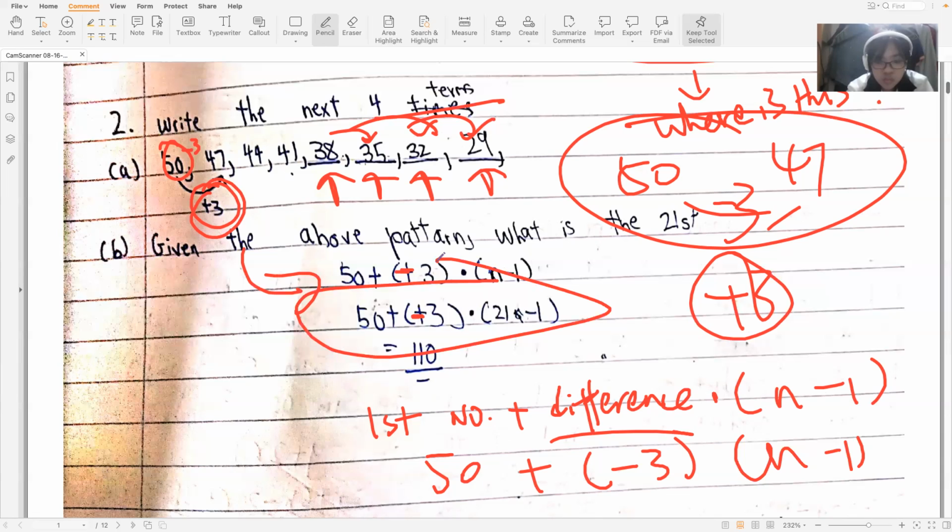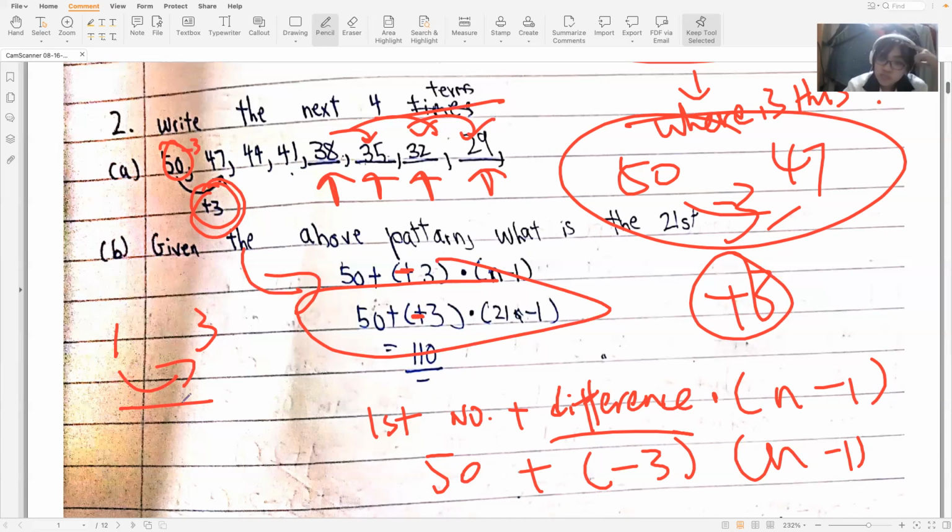Are you getting it or not? Hello, are you getting it? 1, 2, 3. So what's the difference? 2 plus 2. You better think before you answer.